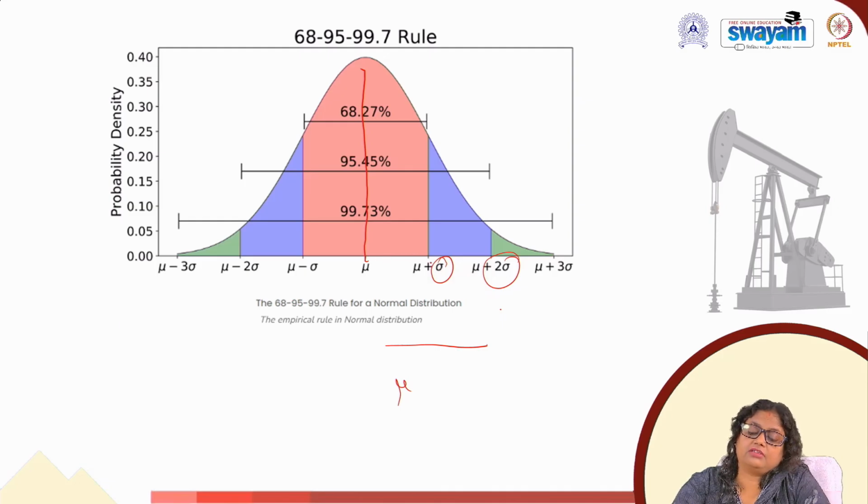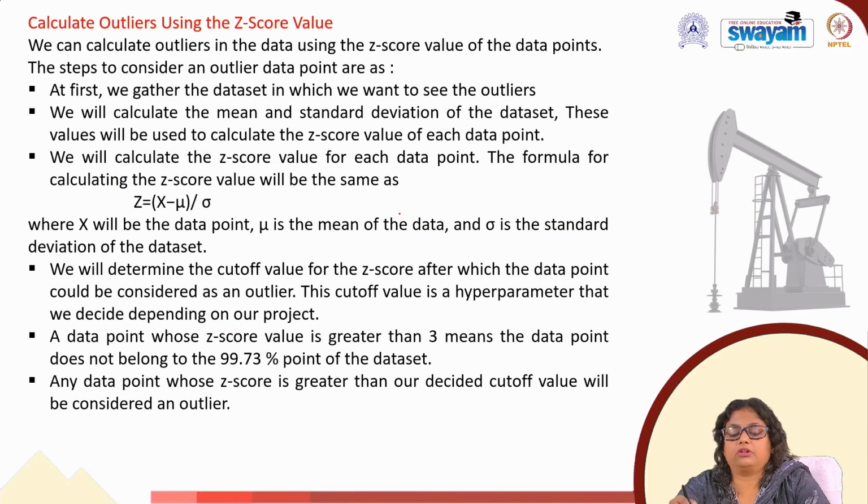Sigma is the standard deviation. This point is 1 standard deviation from the mean, this is 2 standard deviations, this is 3 standard deviations, and similarly on this side. So we have the 68-95-99.7 rule, which we can call the empirical rule for the normal distribution.